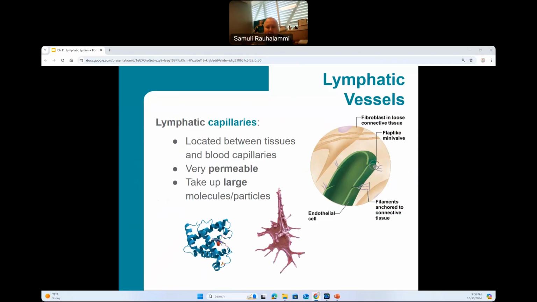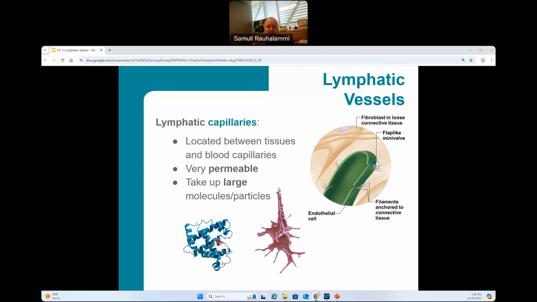And if you have ever wondered what the ends of the lymphatic capillaries look like, here we have a picture on the top right side of the screen. We see that these walls overlap to form flap-like mini valves. The fluid leaks into these capillaries, and the capillaries are anchored to the connective tissue by filaments.